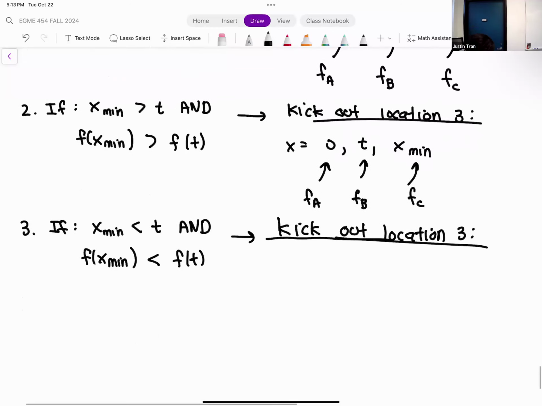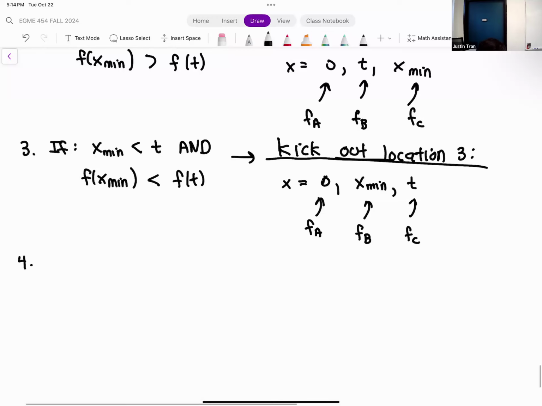Our three locations where we're going to be evaluating our objective function are x is equal to 0. Now you have to be a little bit careful here. If you look at the difference between case 2 and case 3, in case 2, x min was greater than the step size. In case 3, x min is less than the step size. And so the second location is going to be x min, and the third location is going to be t. This is FA, this is FB, this is FC.